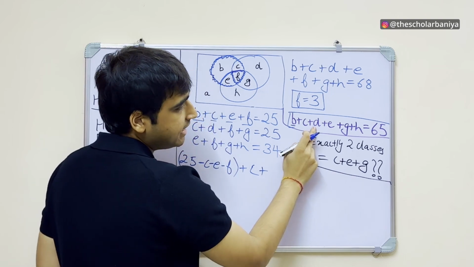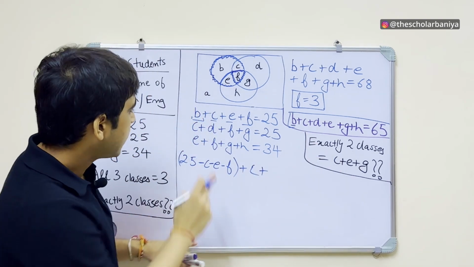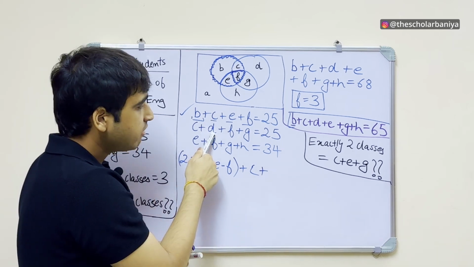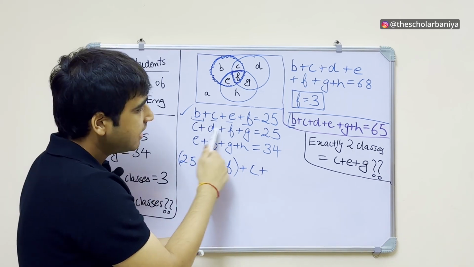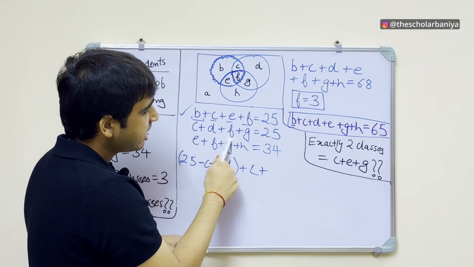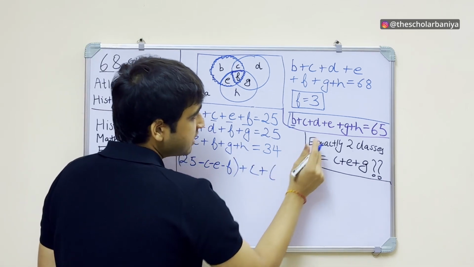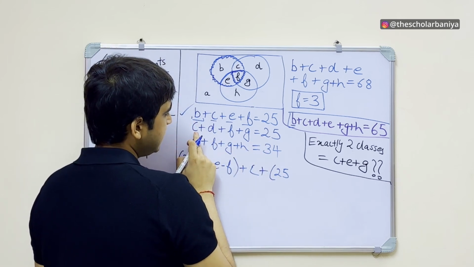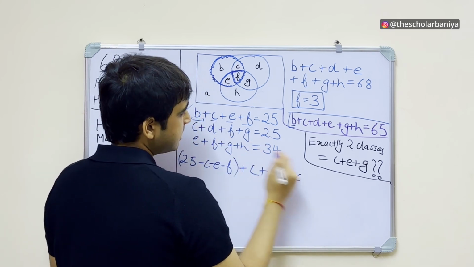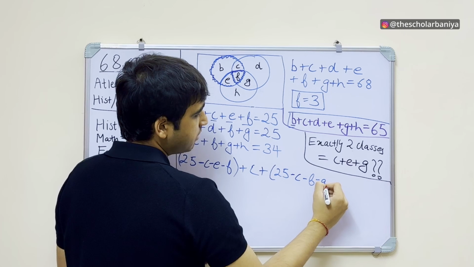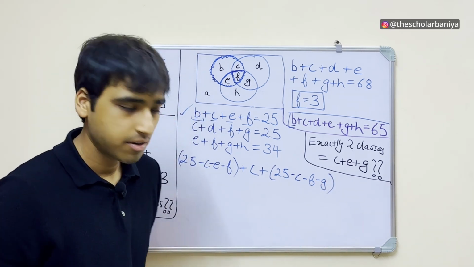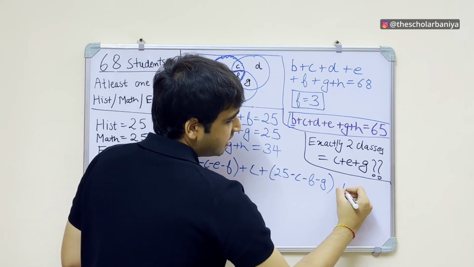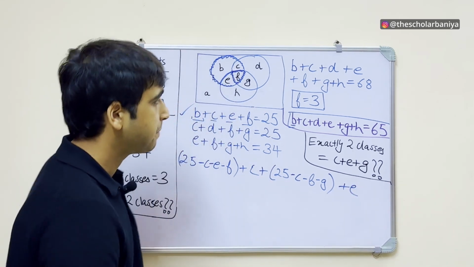Now tell me, do we need D? We do not need D. So what is D? So this equation is used. The first equation is used. Now from the second equation, we can see what is D? D is 25 minus C minus F minus G. So instead of D, we can write 25 minus C minus F minus G. I hope this should be clear, right? Now, do we need E? Yes, we need E, so we can write it as it is, right?